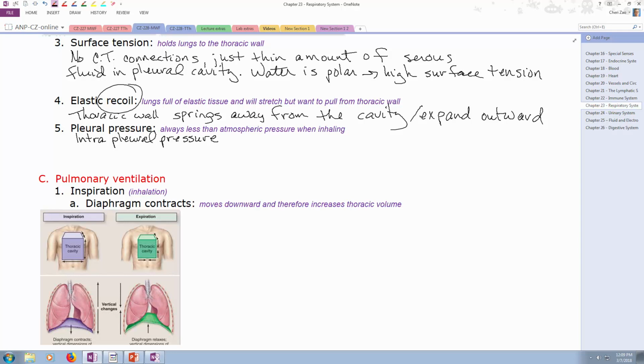Let me ask you about the pressure when we exhale. In order to push the air out, what is the pressure differential on the outside of us versus on the inside of us? It's higher inside us, correct?